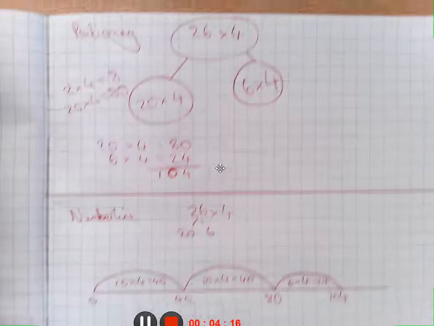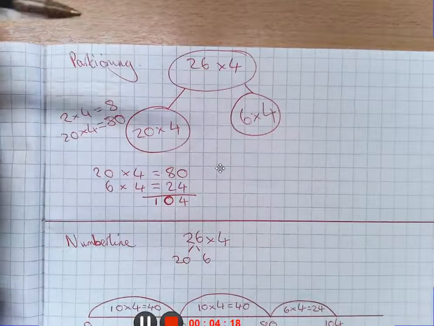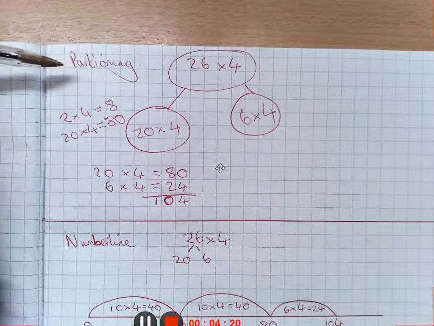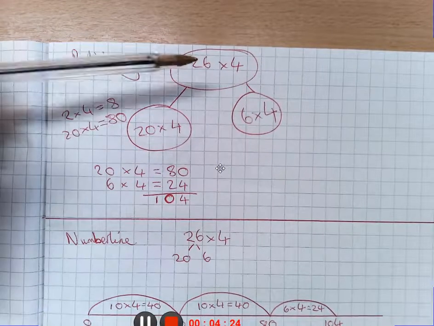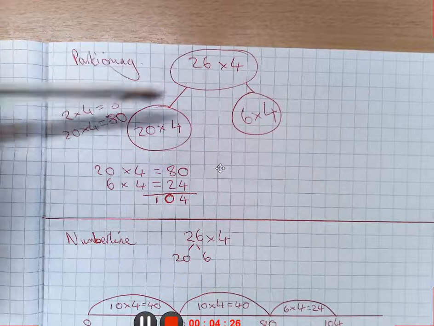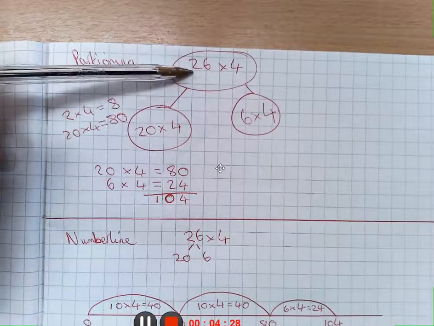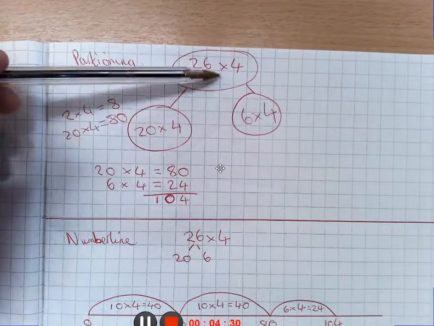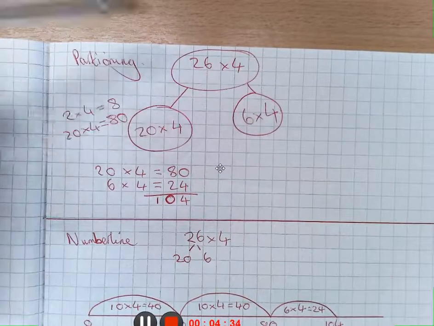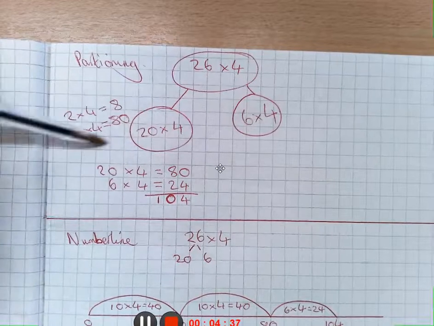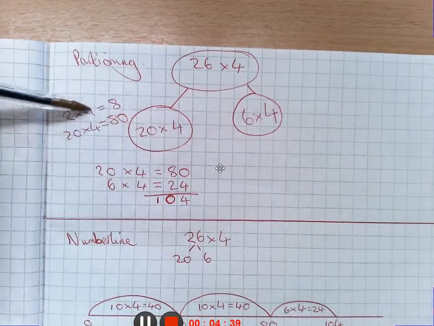So from there, we will then move to a more abstract approach, and we'd look at partitioning. Partitioning, just a fancy word to say split. So we take 26 times 4 and we're going to split it into 20 times 4, so we're taking the tens out of here, and we split it into 6 times 4, and we do those individually using this pattern here. So we'd say, right, what is 2 times 4?